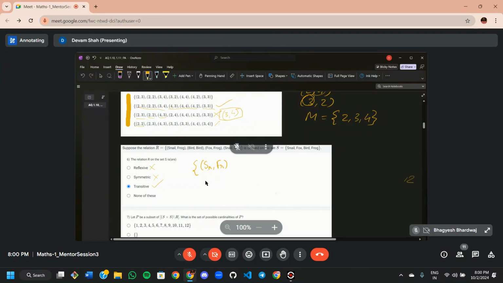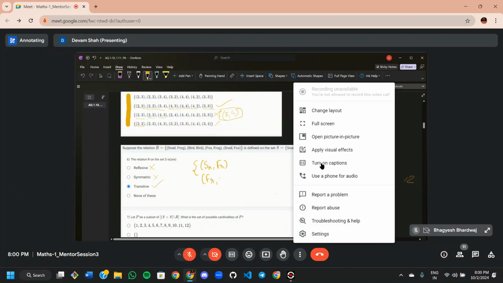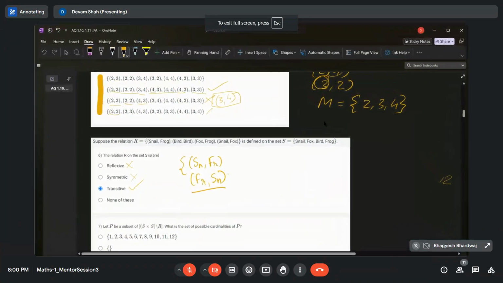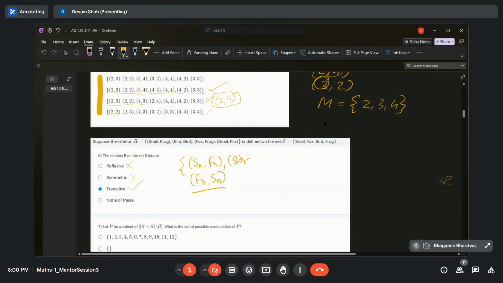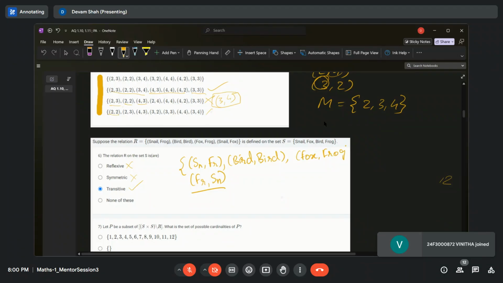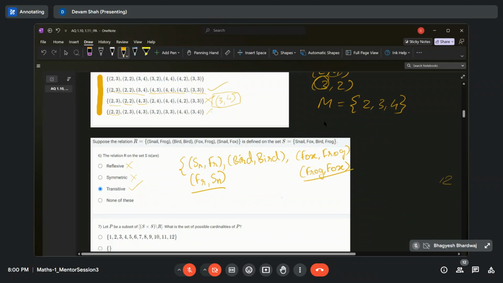So for this, we added one term for now. For this, nothing to add. For this, I add one more term. So till now we added two terms, and for now it's symmetric.